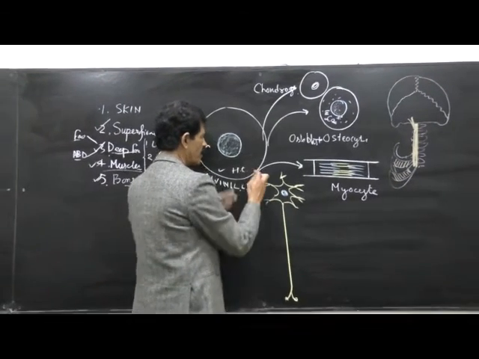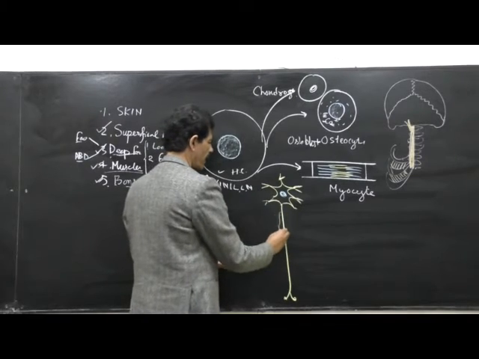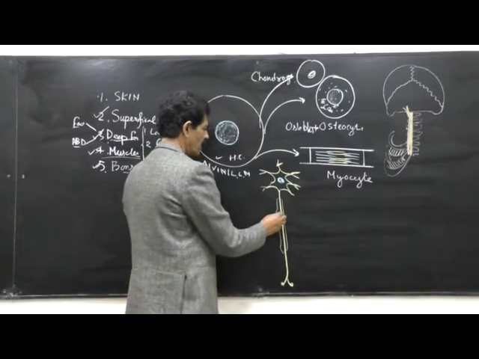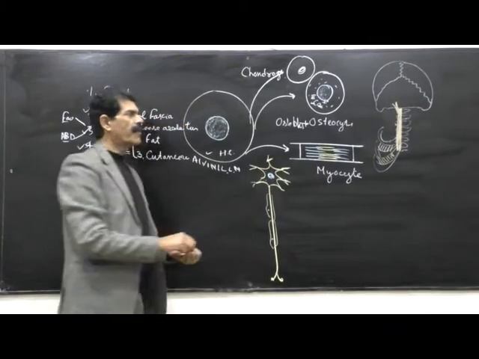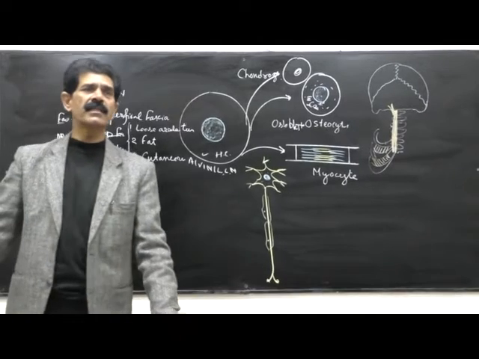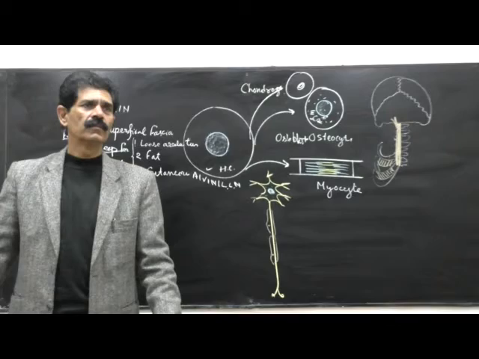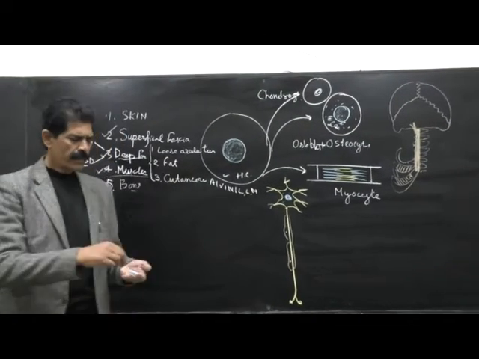So from the same human cell we stretch it longitudinally and we cover it with the myelin sheath, the Schwann cells. So now what have we made? The neuron, the basic functional unit of the nervous system. So from the same human cells we have made the neurons.